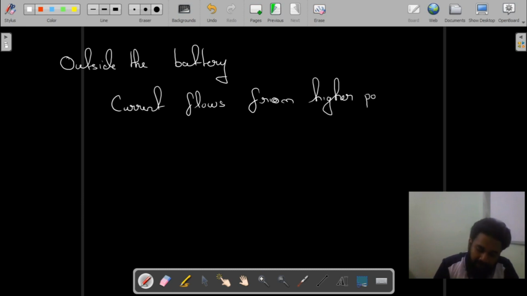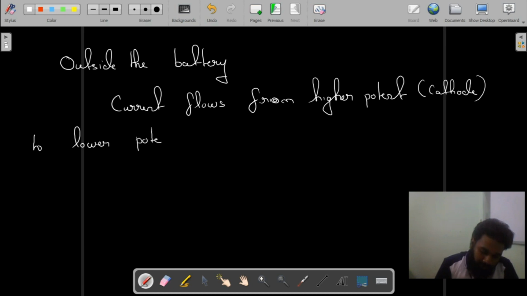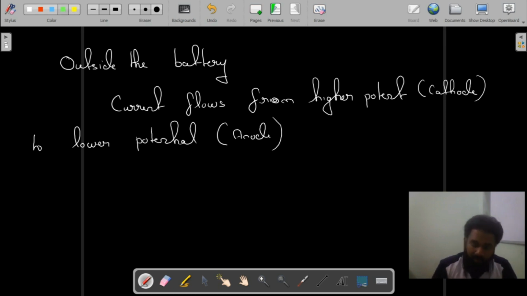Higher potential is positively charged, so this is nothing but the cathode. Higher potential to lower potential, and lower potential is nothing but the anode. Whether they are positively or negatively charged: cathode here is positive charge, and anode is negatively charged.